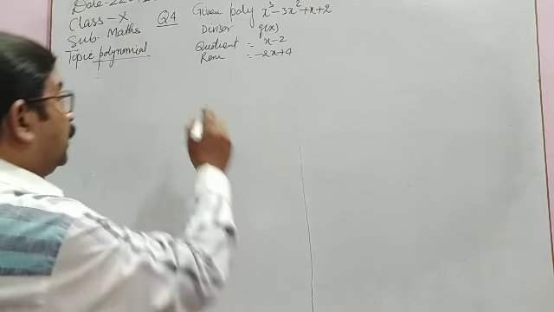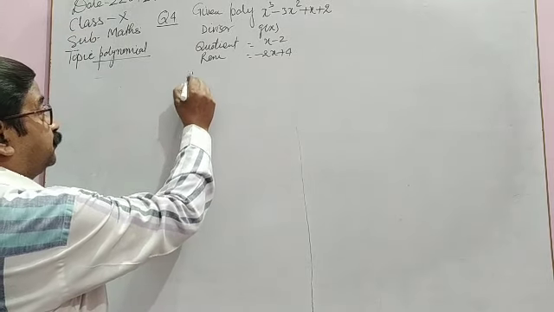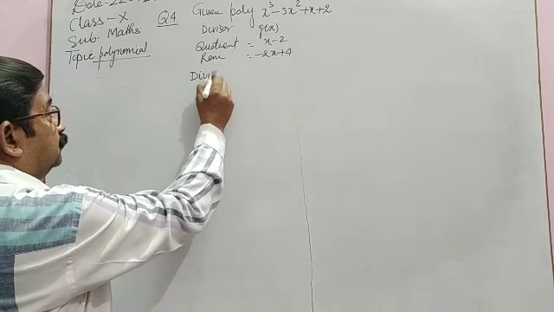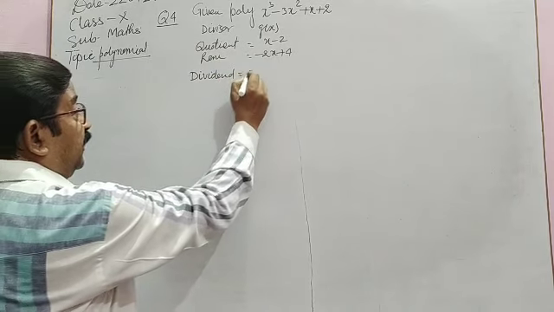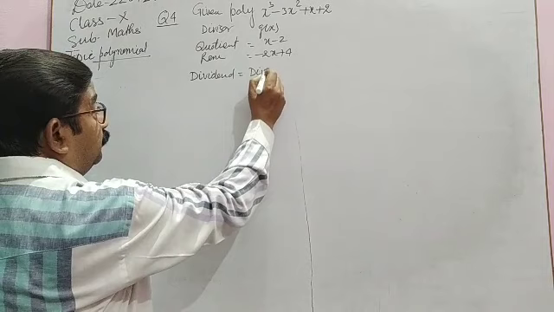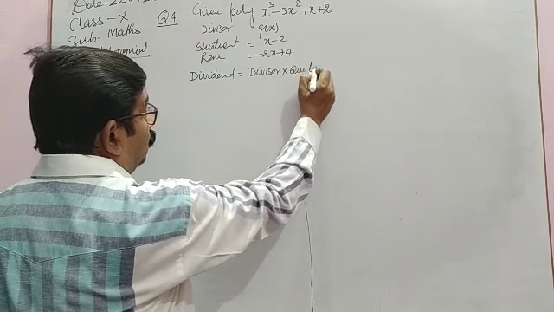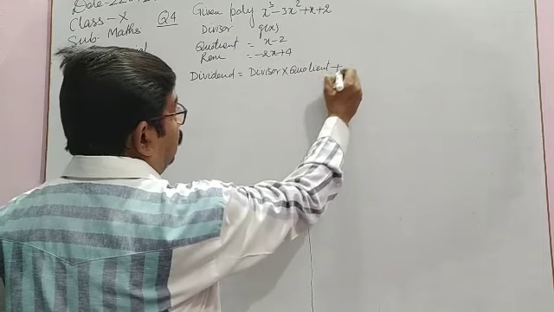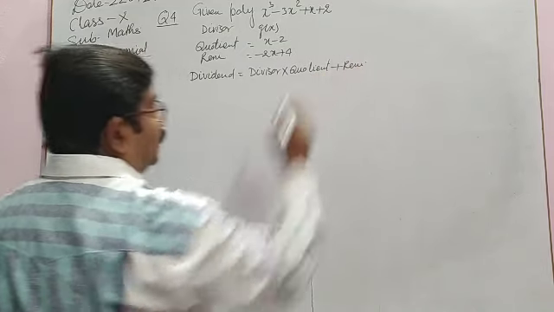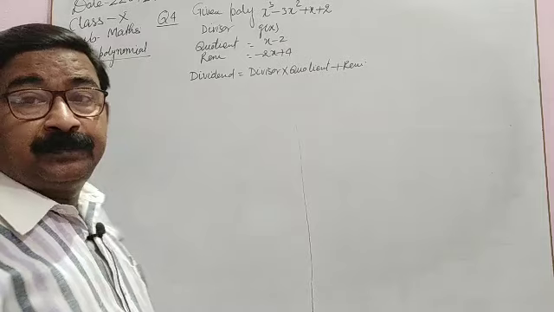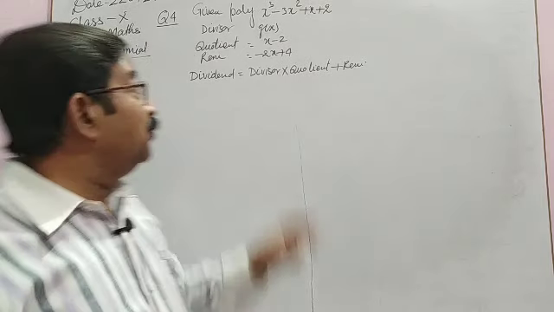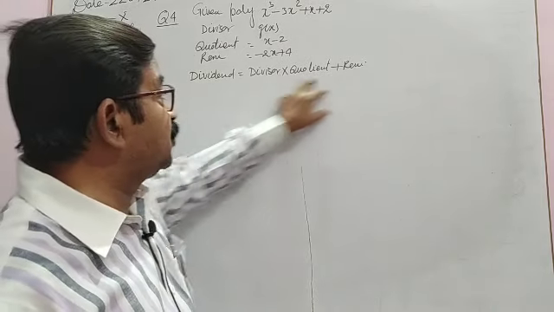I think you remember this formula: dividend is equal to divisor into quotient plus remainder, right? Now we write all the terms in this form.